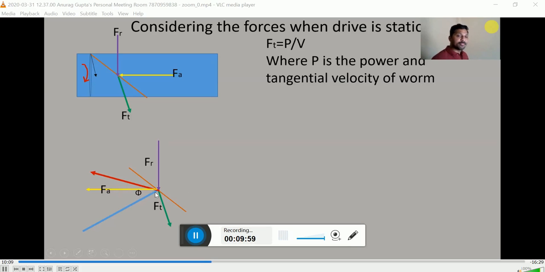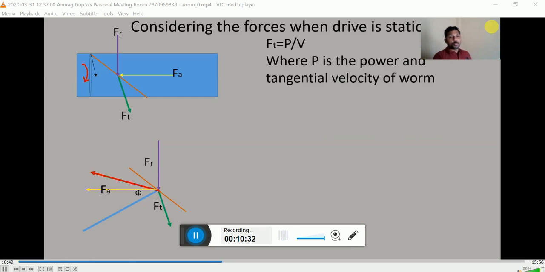So we have considered these two lines, the red line as the resultant force and this blue line perpendicular to the helix, and the angle between these two lines is phi. So we have drawn a perpendicular line to the helix and drawn the normal pressure angle, which is known to us from the geometry of the worm gear, and drawn the resultant.